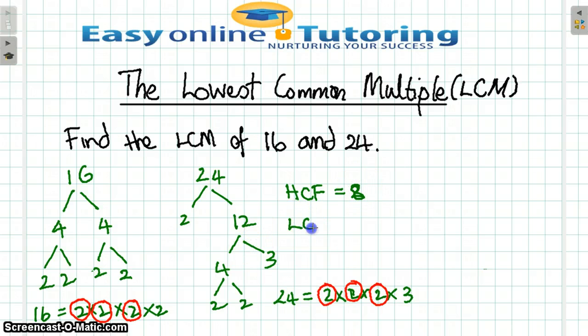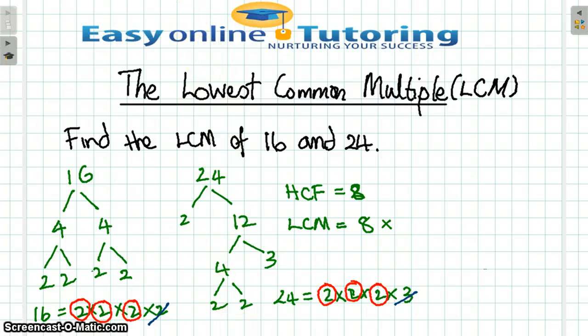But we want to find the lowest common multiple. So the lowest common multiple is the highest common factor, which is 8, times the remaining numbers that we didn't use. I like to use a blue line to strike out the remaining numbers. There's a 2 there that we didn't use, and there's a 3 there that we didn't use.